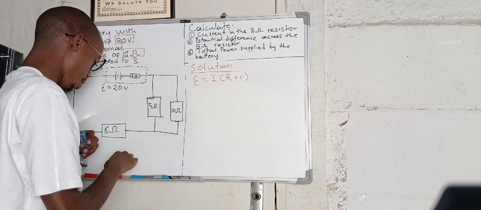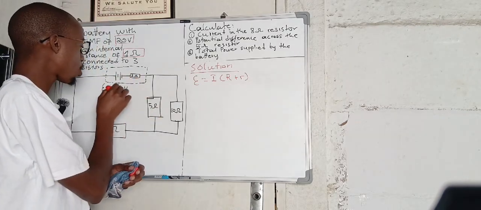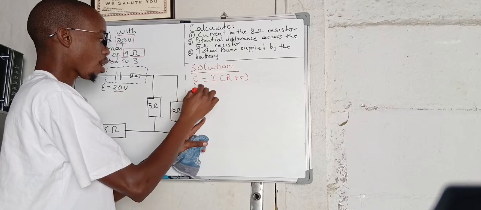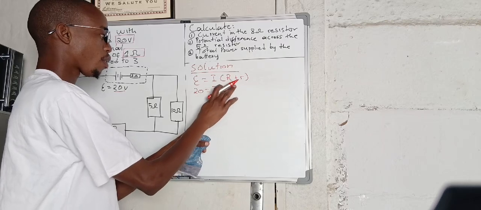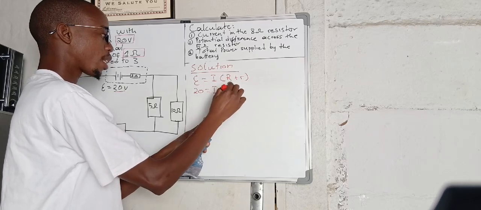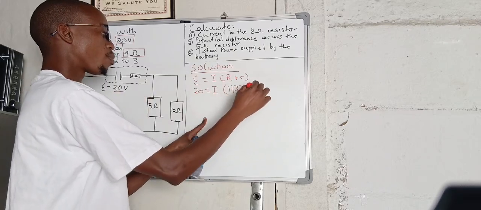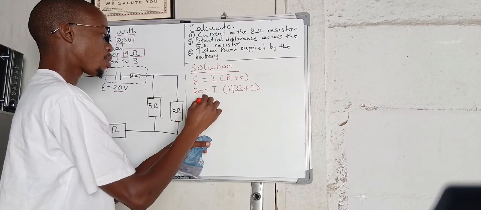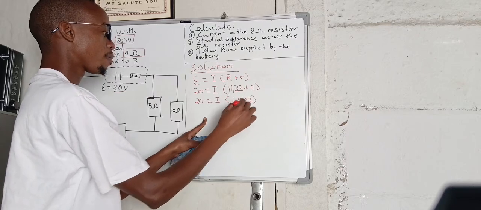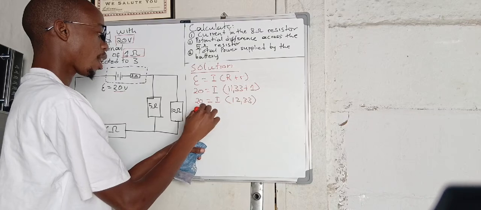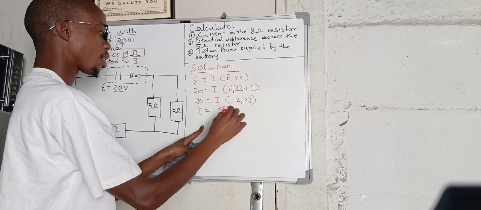So now let's substitute everything that we were given. EMF is 20 volts. I, we are looking for, and then we have 11.33 plus, what do we have there? 1 ohm. And then we will be having 20 is equal to I times 12.33, and therefore I is going to be 20 over 12.33.